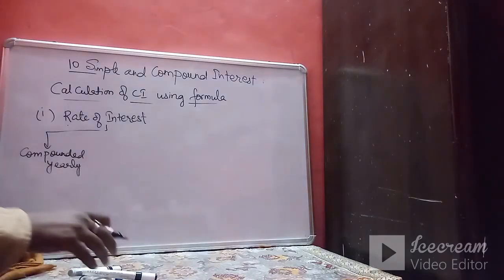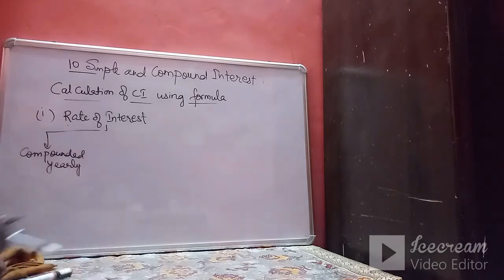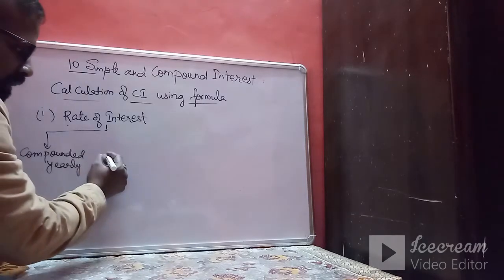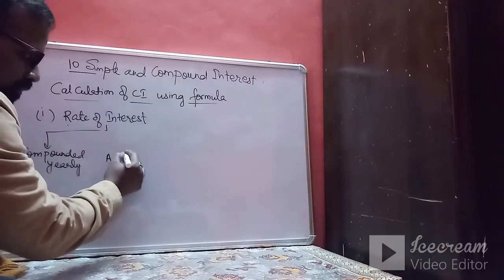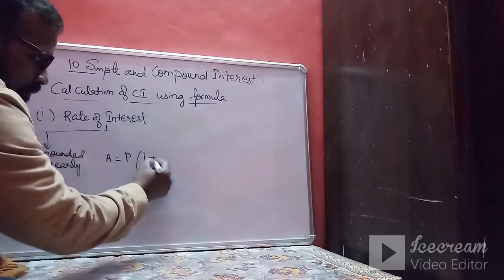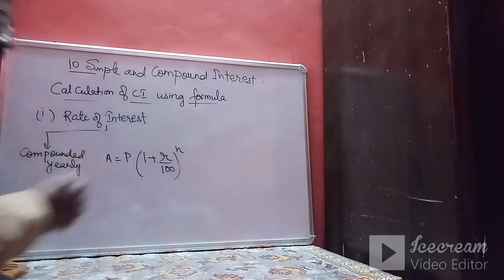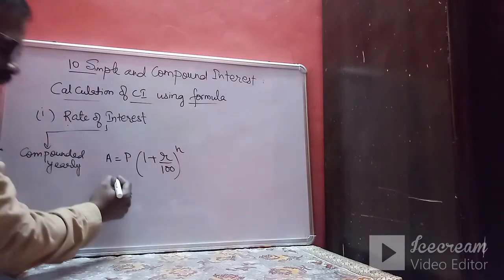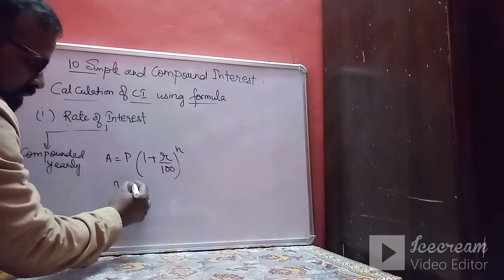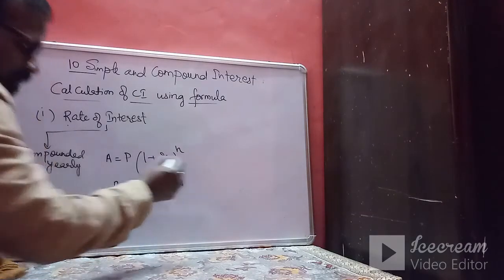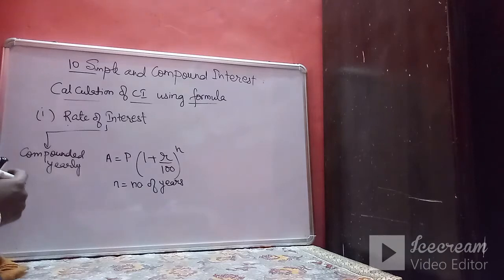So when the rate of interest is compounded yearly, we are going to use the formula: amount is equal to P into 1 plus R upon 100 to the power n. In this, what is n? N is the number of years. Okay, so if the rate of interest is compounded yearly, in that case we will use this formula.